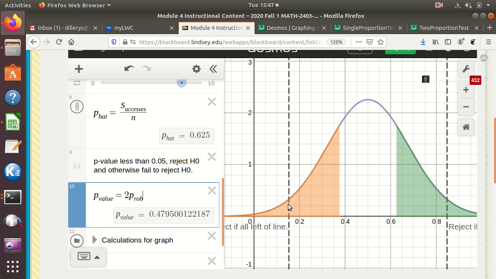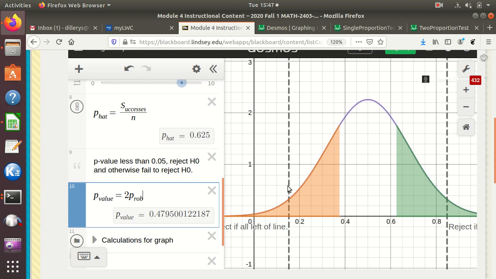And then these dashed lines are showing us where alpha equal 0.05 would be. And if we have any area inside those lines, we will fail to reject, because we will be over the 0.05 threshold. So it's a visual of what we're calculating of this normal distribution that we're assuming.